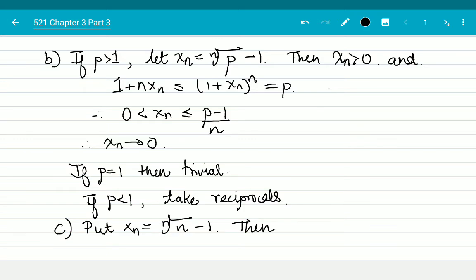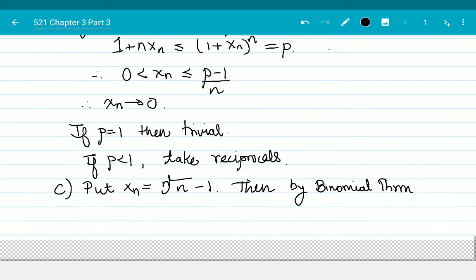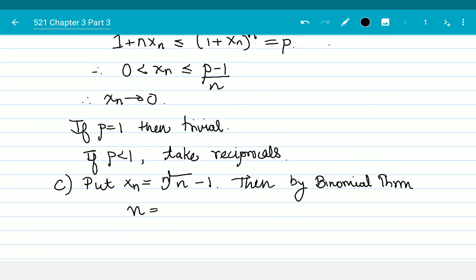Then again, by the binomial theorem, we get that n is equal to (1 plus xn) to the n, which is greater than or equal to n times (n minus 1) over 2 times xn squared.